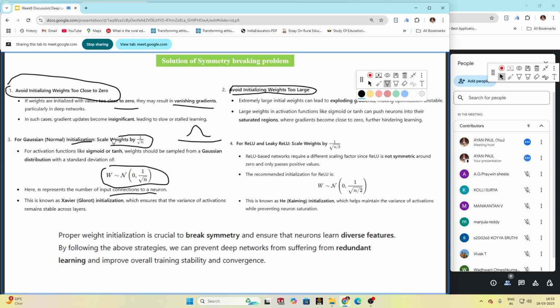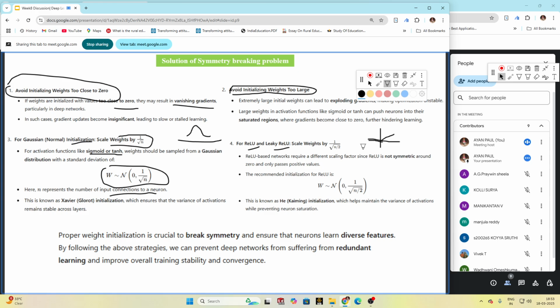this scaling of the weights by 1 by root n applies very well in the case of sigmoid and tanh functions. But whenever we use the same strategy with the ReLU and leaky ReLU activation functions, we again face some kind of problem. In ReLU and leaky ReLU, we have two faces of the graph, one positive phase and one negative phase.